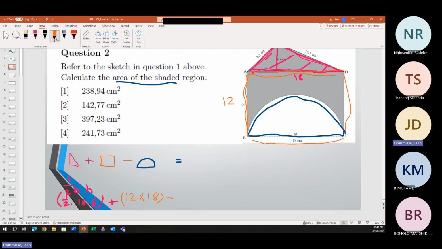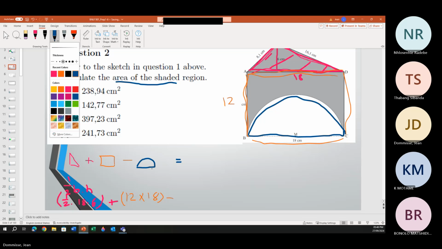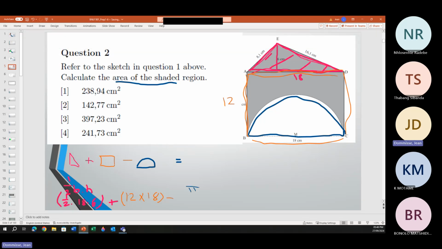So again, area of a circle is pi radius to a power of 2. So of a semicircle, it's just divided by 2. We want to work that component out.